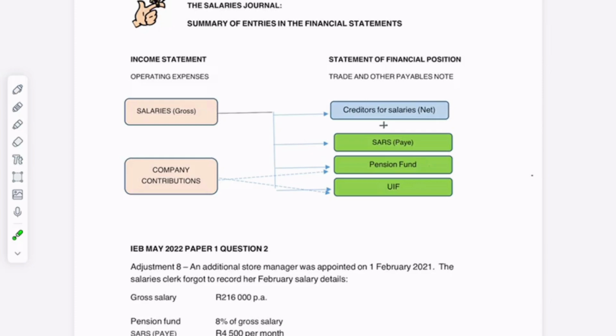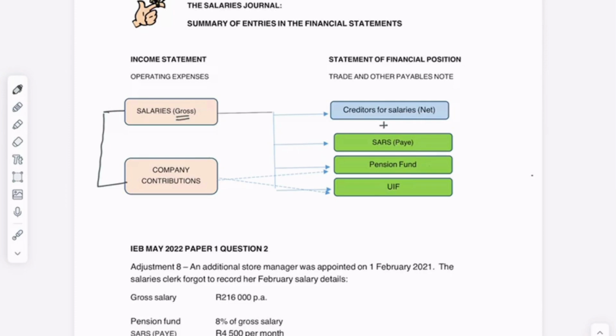The first thing I want you to note is that we've got two accounts here. We've got salaries and company contributions, and sometimes they can be joined together as one, called salaries and contributions. Now, the important thing to note here is that what goes into your operating expense salaries is the gross salary.